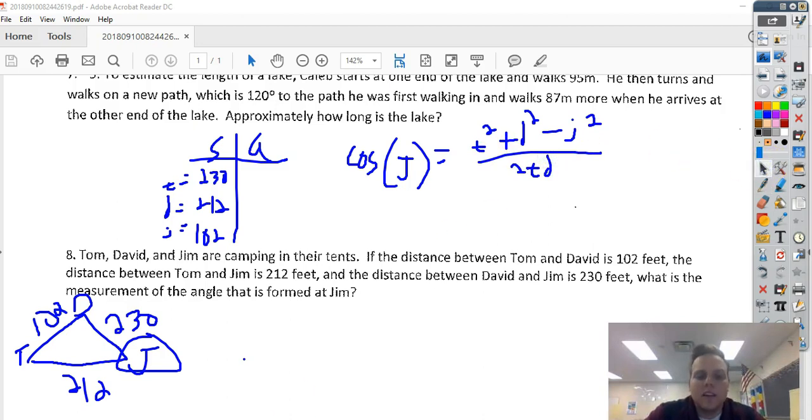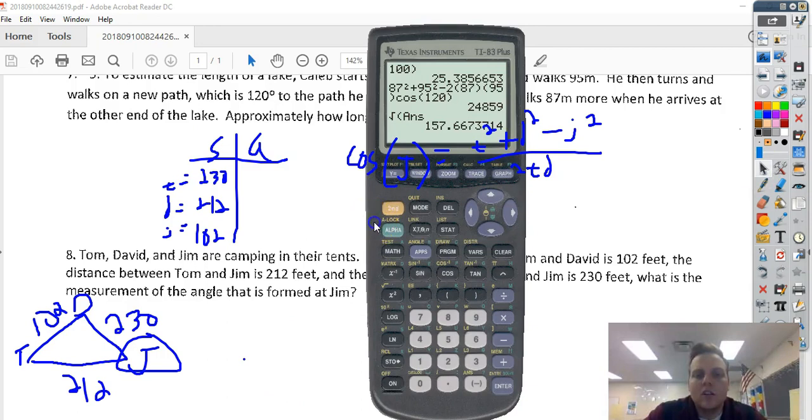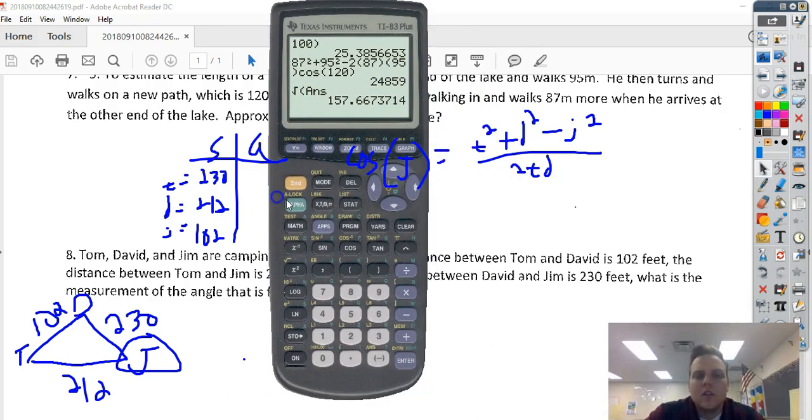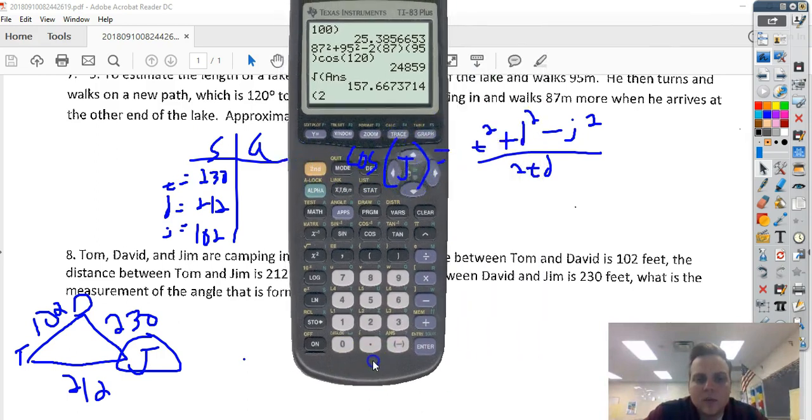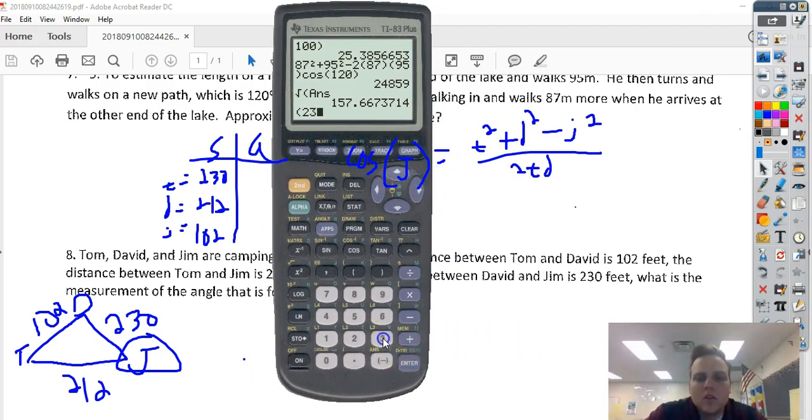All right, now we're just going to plug it into the calculator and let it do all the heavy lifting for me. So I'm going to say parentheses to represent my numerator, 230. I believe that's the correct number. Yes. 230 squared plus d is 212.